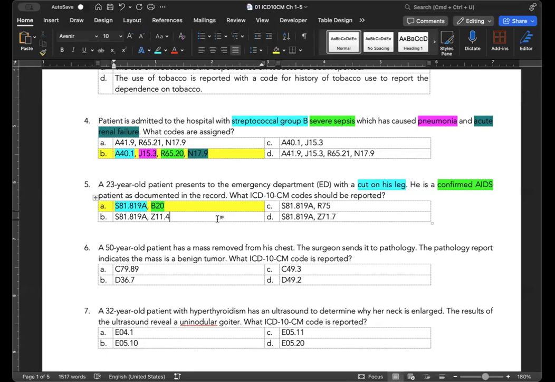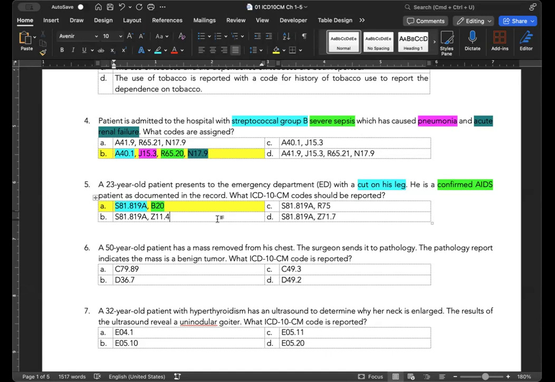The easiest way to remember that is A equals active. They can have seven subsequent encounters that aren't true subsequent encounters. They can have follow-up visits, and if they are actively having treatment for the condition, then you're going to use the letter A.